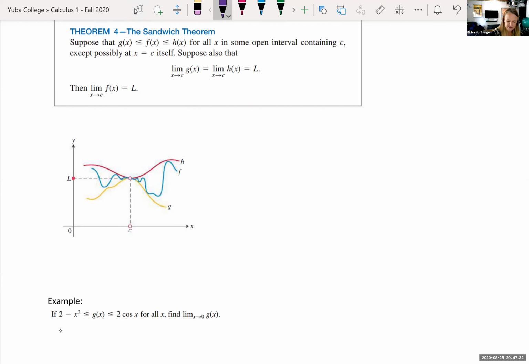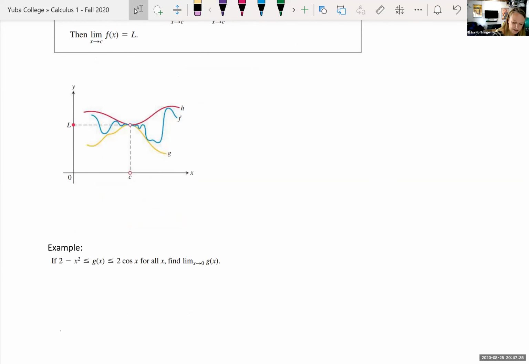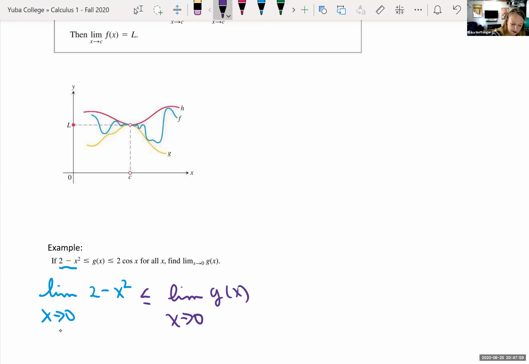Well, let's take the limit as x approaches 0 of each piece of this inequality. The limit of 2 minus x squared would have to be less than or equal to the limit as x approaches 0 of g of x, which would have to be less than or equal to the limit as x approaches 0 of 2 cosine of x.